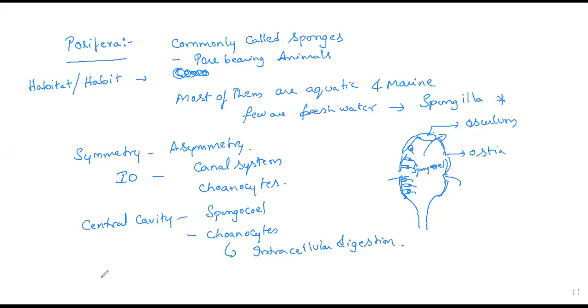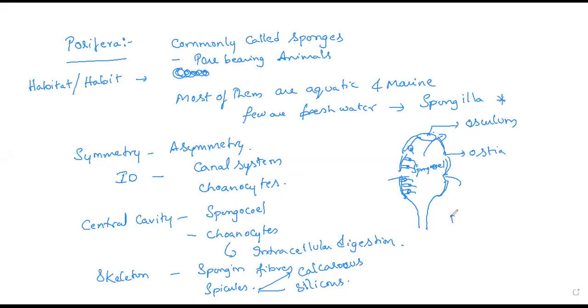The skeleton of sponges is formed by spongin fibers or spicules. That is very, very important. They will ask about the skeleton also. The spicules are of two types: calcareous spicules, made of calcium carbonate, and siliceous spicules, made of silica.